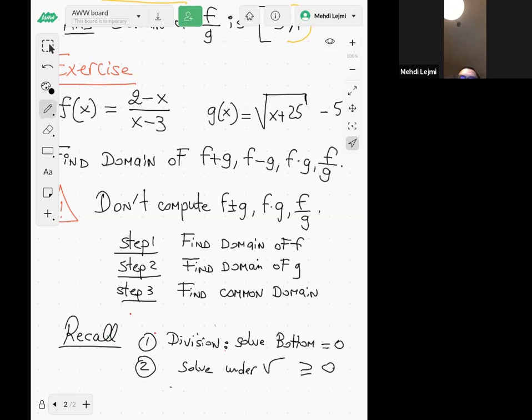Nope, Xing. Actually, I think you made the same mistake as before. Be careful with the domain of f, because you have a division, and all you have to do is solve the denominator equal to 0, not larger or equal to 0. It's equal to 0, and you exclude that from the domain of f.